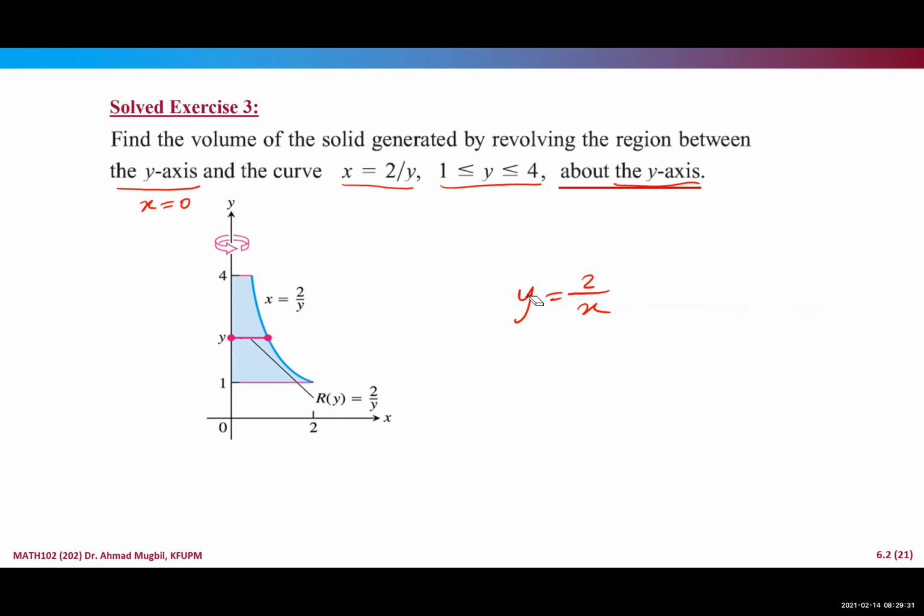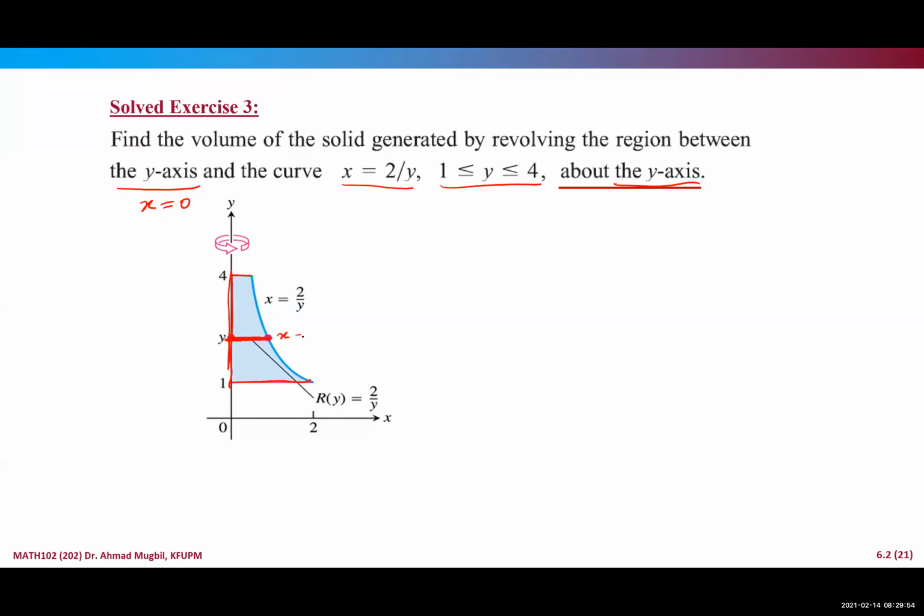Okay, now this is the y-axis. Y between 1 and 4. This is the region. Now, again, you will find the radius. The radius is the distance from here to here. It is a horizontal line, so it depends on the x values.